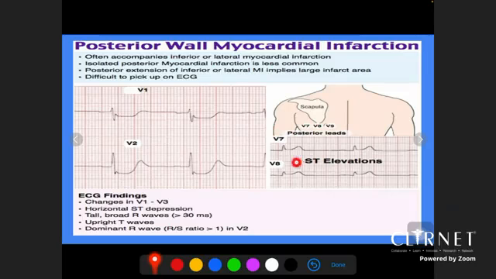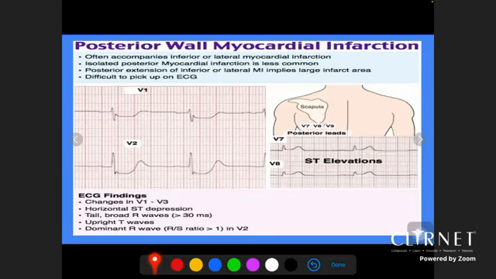And here, any degree of elevation is diagnostic. So even if half square, it is diagnostic. Any degree of elevation in the posterior or right leads is diagnostic. The other trick is that these changes are never old. So you cannot find old posterior elevation or old RV elevation.